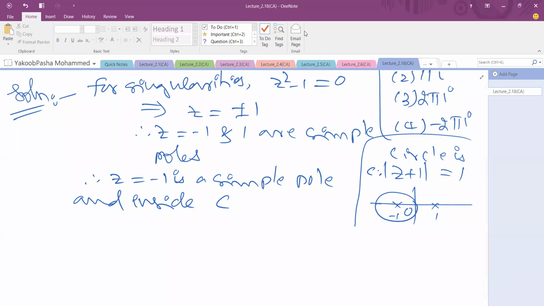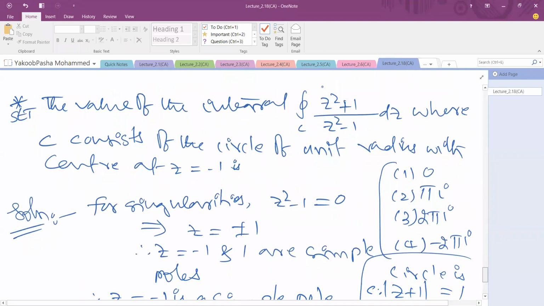Okay. So we can calculate residue at the point z is equal to -1.